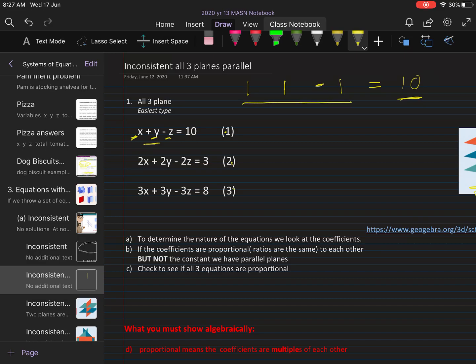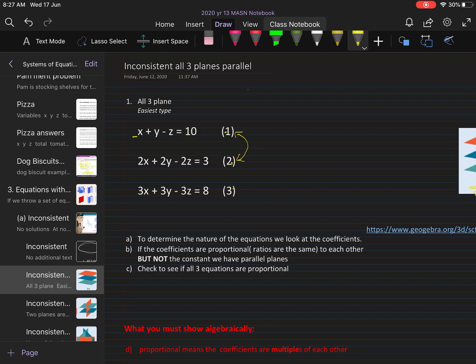These things are called coefficients, and they will determine whether equations are parallel to each other or not. It all has to do with ratios. So let's first take a look at equations 1 and 2 and their coefficients.